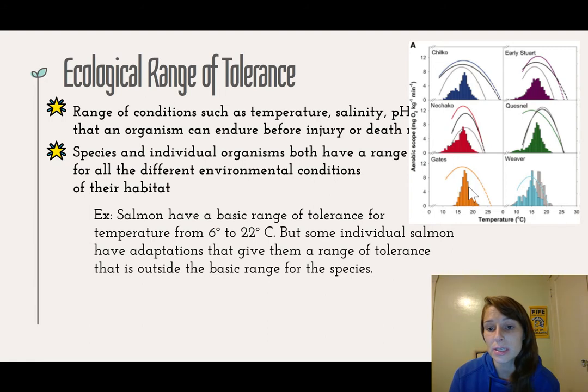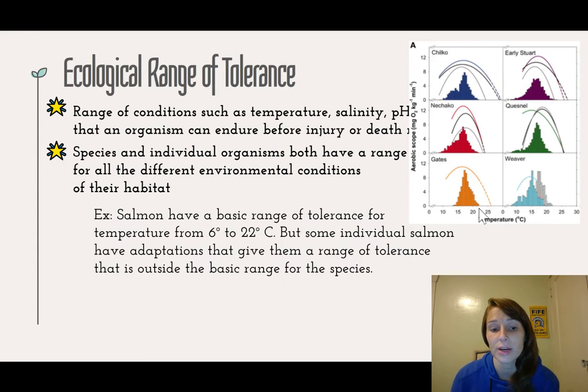So as a species, you can see that even the weaver is going to have a different range of tolerance from the gates, because you see that this is shifted off. But even within this exact population, if we were to just look at the gates, you've got a lot of them in the middle here, but you have quite a range on the lower end and on the top.